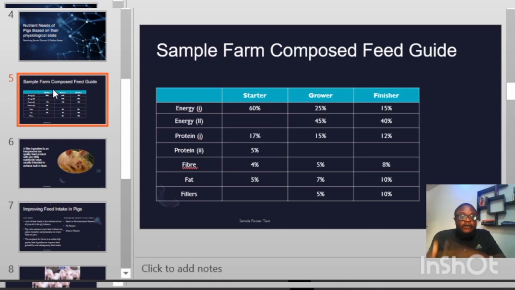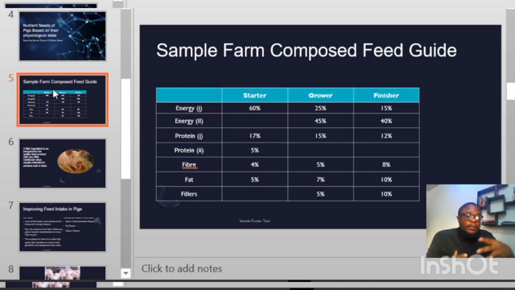If we go to starter pigs, they are going to need a very high level of energy, particularly from the main source of energy. So if you are using maize or wheat, you want to include it up to 60%. For your protein source, the ideal situation is to bring the plant protein and the animal protein together.